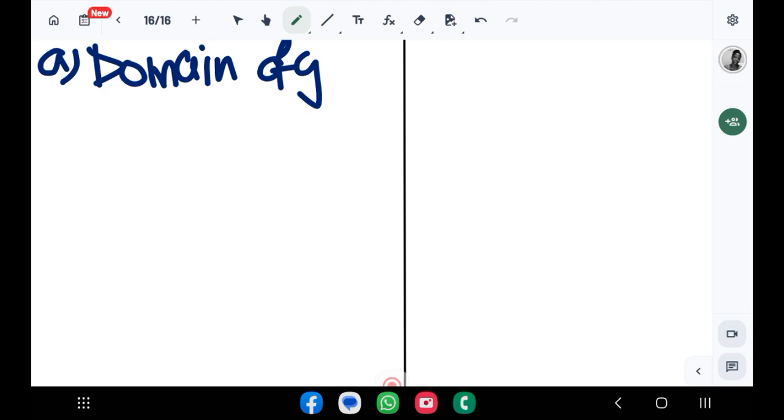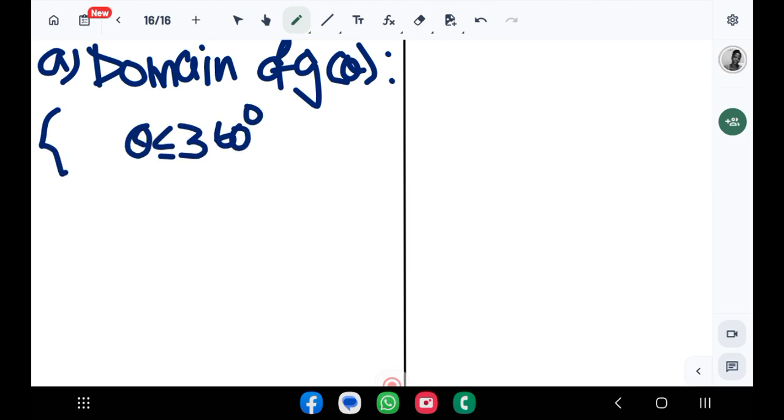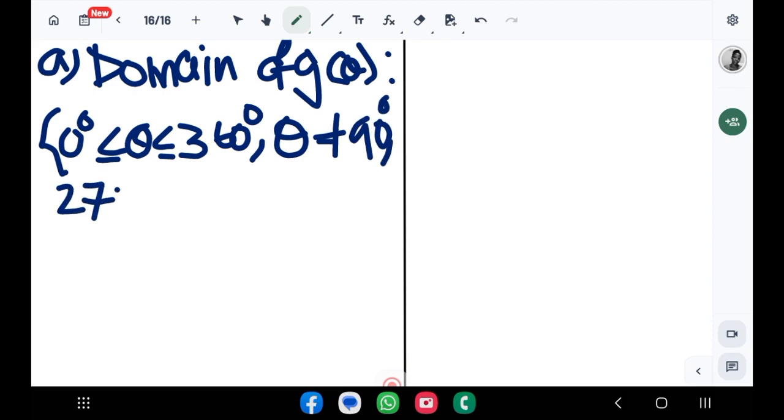So the domain of g: theta is between and including 0 degrees and 360 degrees, but not including 90 degrees and 270 degrees, because that's where your asymptotes are. Okay, number b.